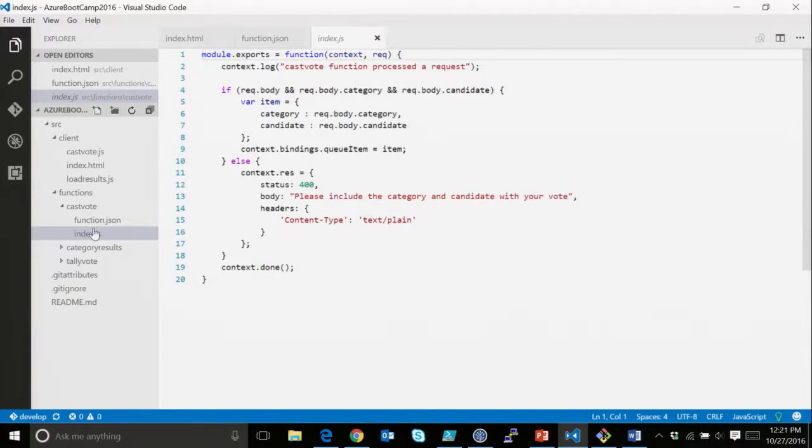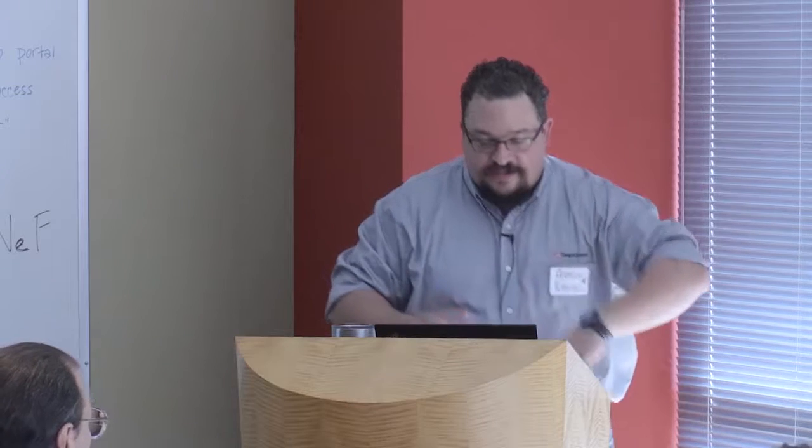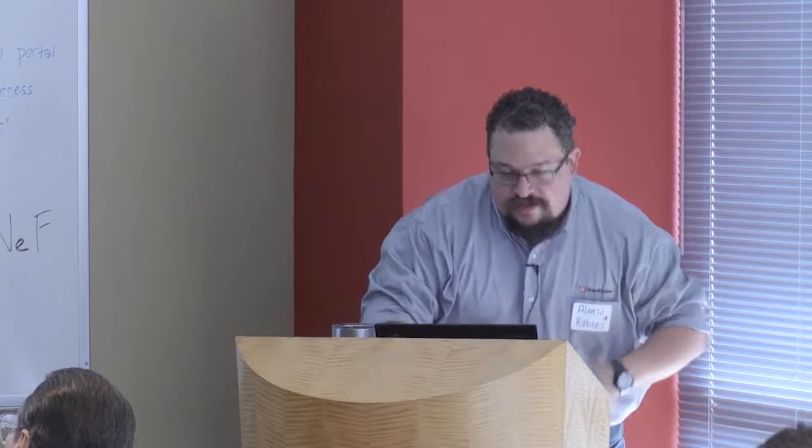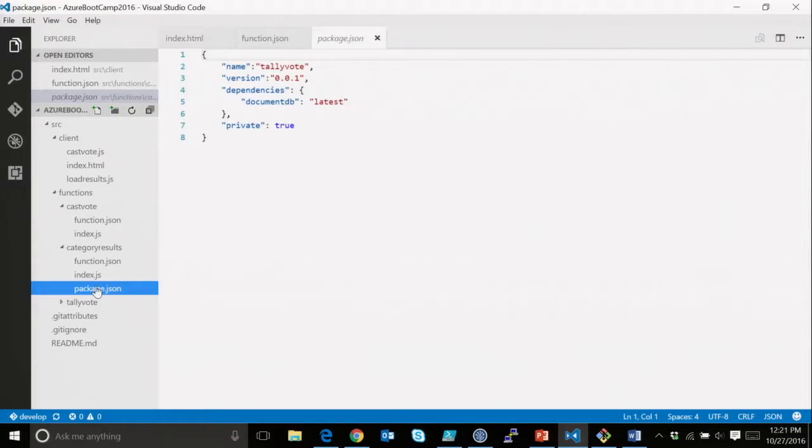In this one, I needed to use more than what functions gave me. I actually needed to pull in another package from NPM, the Node Package Manager, which is kind of like the equivalent of NuGet for C#, to pull down a package that has how to access this. So you'll see on the category results, I included a package.json, which is used by NPM to figure out what dependencies I have.